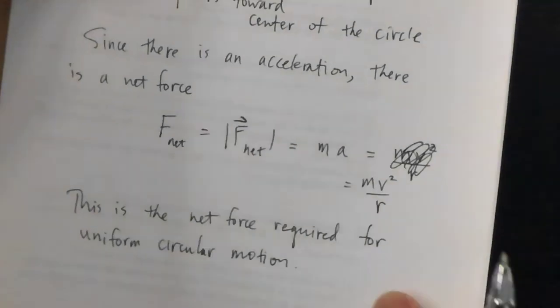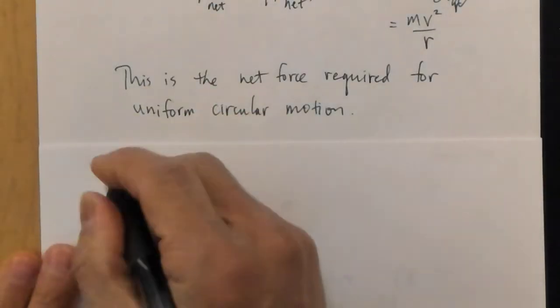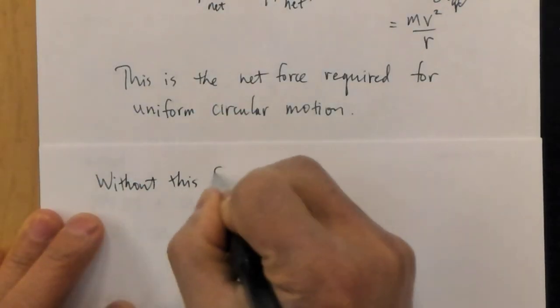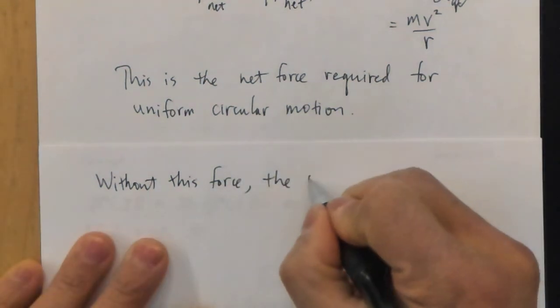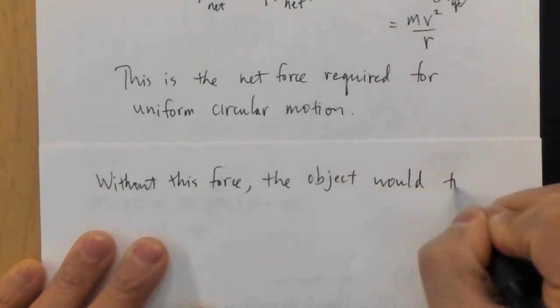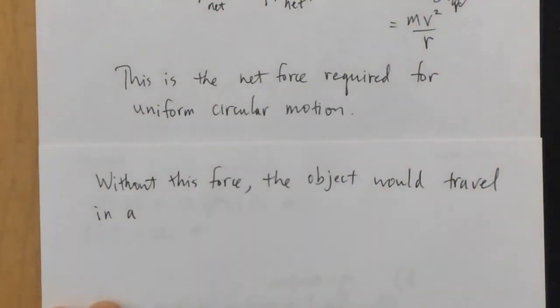The idea is that without this force, the object would travel in a straight line. In fact, we had a question on that in the quiz, maybe one of the last problems. What happens when the truck or whatever it was, a car, exits the highway and hits the icy patch?